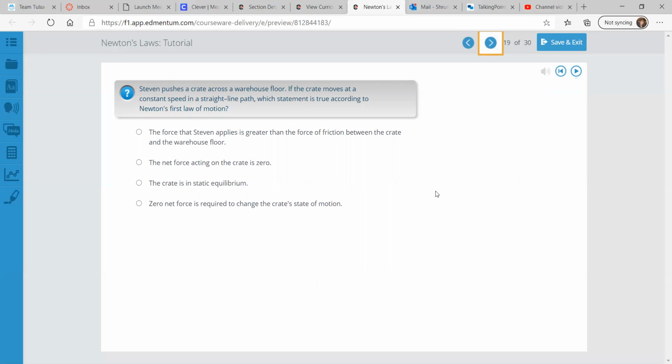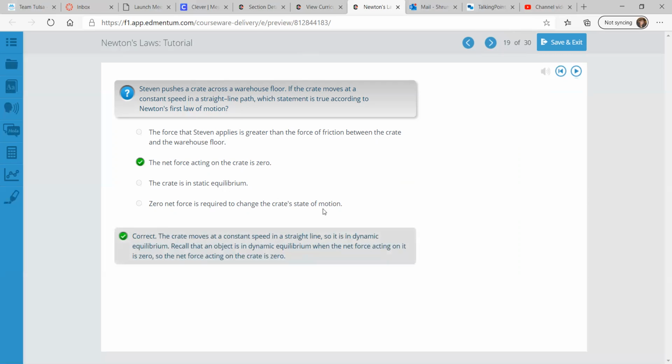Well, no, because if it's moving at a constant speed, that would mean they're equal. It's in dynamic equilibrium. So that means the net force is 0. If it's moving at a constant speed in a straight line, dynamic equilibrium. And that means it's moving, but the net force acting on it is 0.